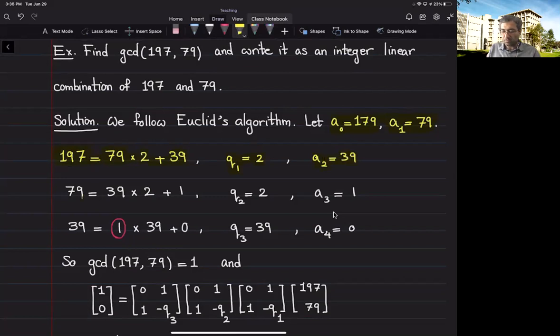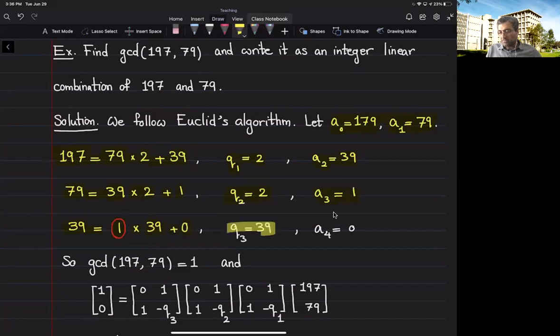We divide a sub 1, which is 79, by a sub 2, which is 39. Again, we end up getting a quotient of 2, and this time the remainder is 1. So the quotient is called q sub 2, and the remainder is a sub 3. This time, a sub 2, which is 39, is in fact a multiple of a sub 3, and therefore the remainder is just 0.